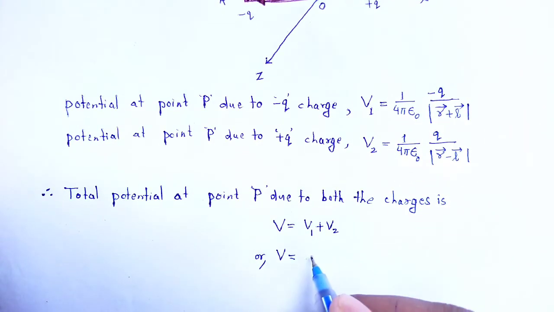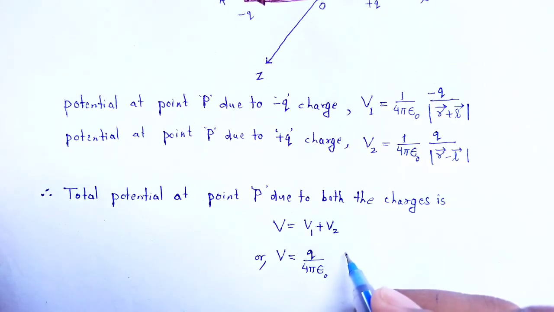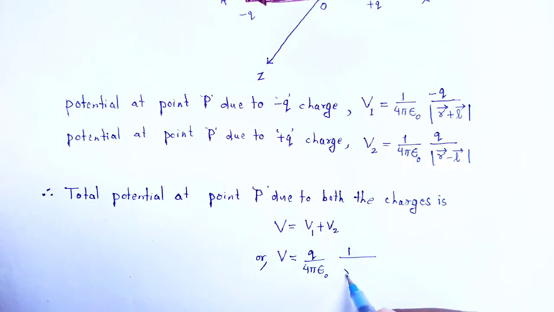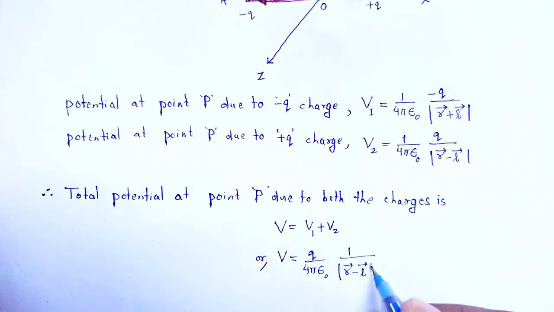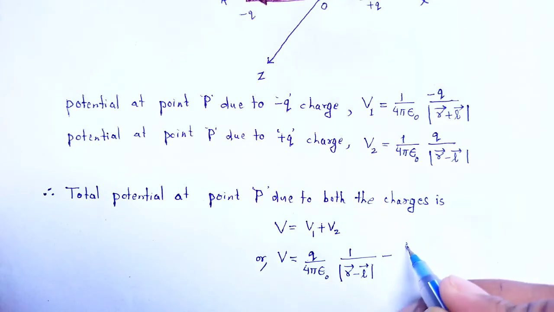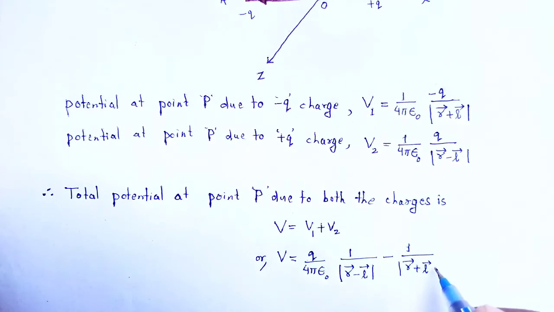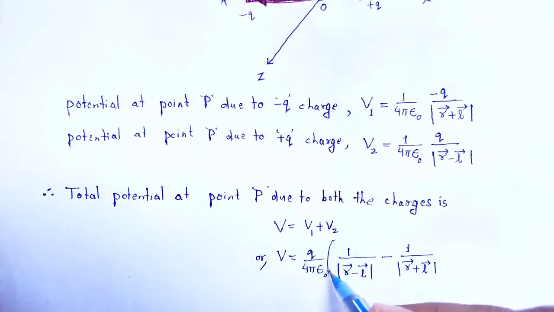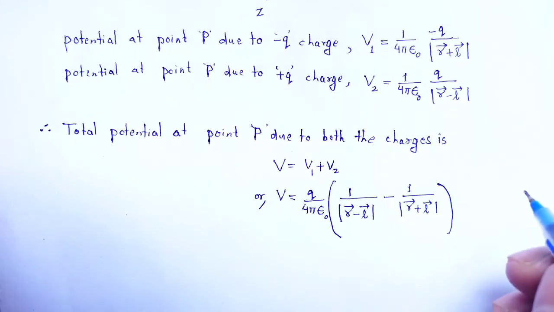Here we take q by 4 pi epsilon naught as common. Inside that bracket, 1 divided by the magnitude of r vector minus l vector, minus 1 divided by the magnitude of r vector plus l vector. Okay. Let this be equation number 1.